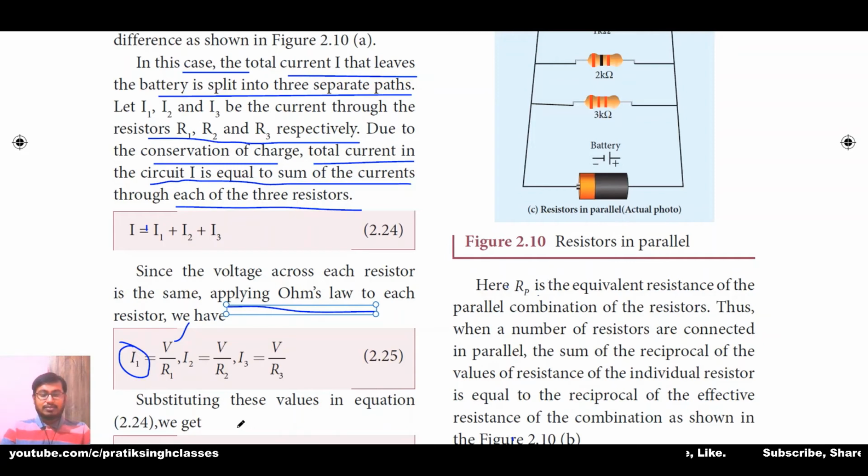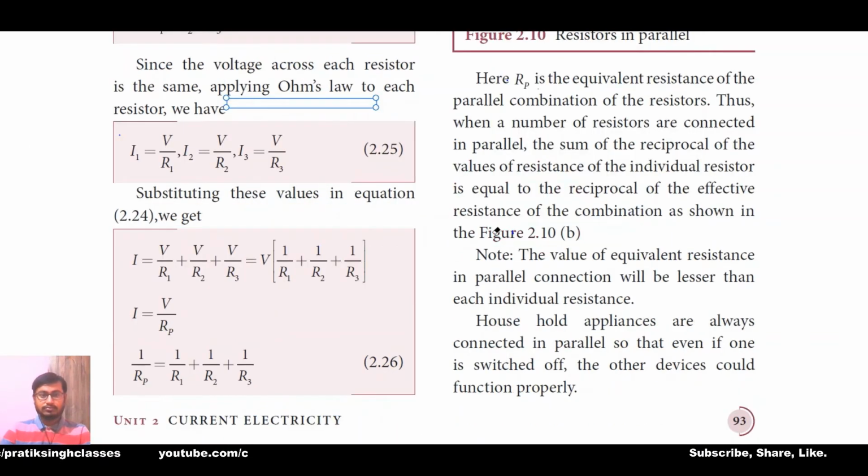Now substituting these values in equation 2.24, let us see what we get. We get I is equal to V by R1 plus V by R2 plus V by R3, okay. Taking V common outside, with simple algebra, we have I is equal to V into 1 by R1 plus 1 by R2 plus 1 by R3.